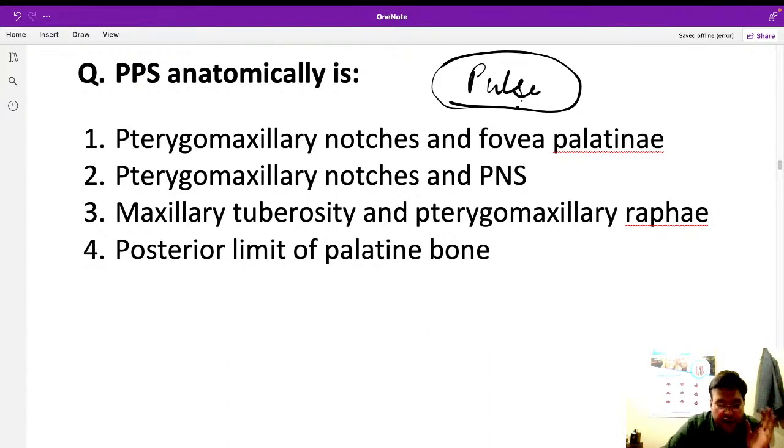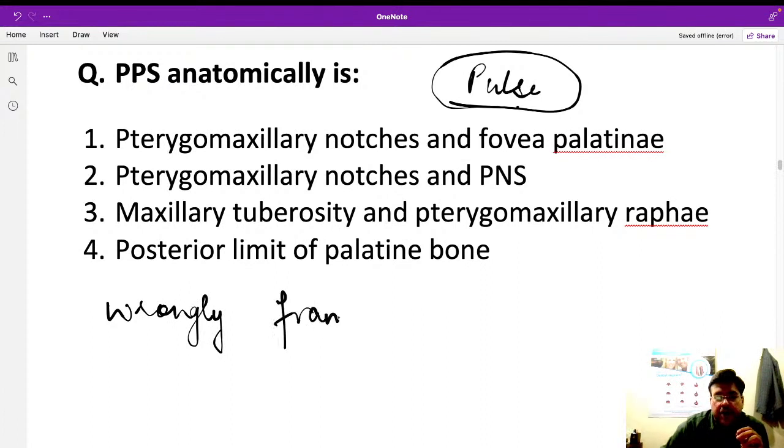See, all of you are answering this question, but let me tell you at the outset that this question is wrongly framed. The question itself is incomplete, right? Why is this question incomplete?